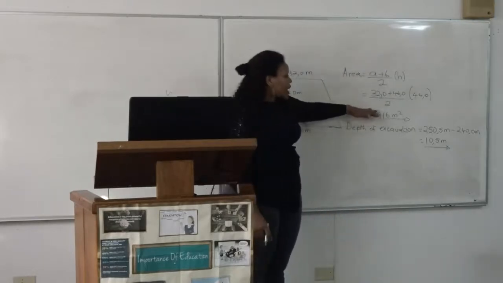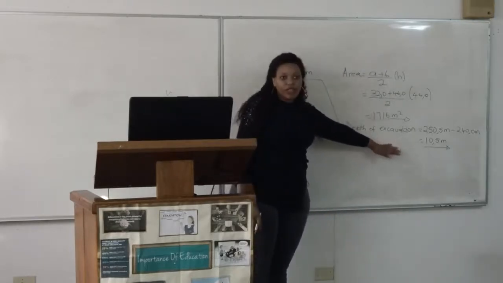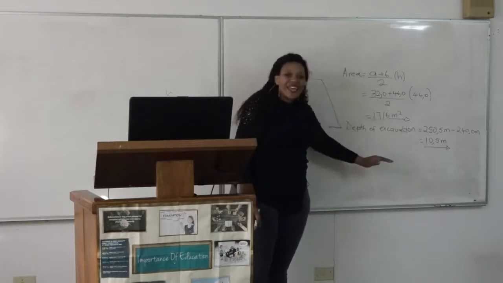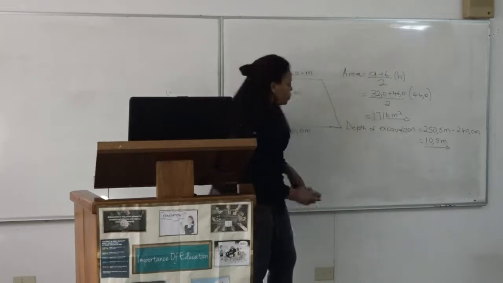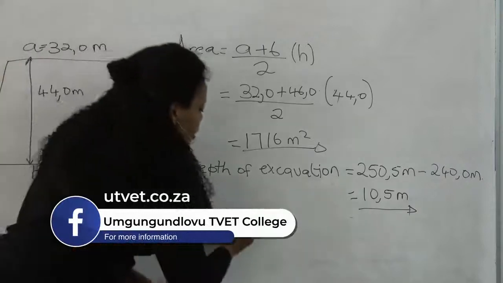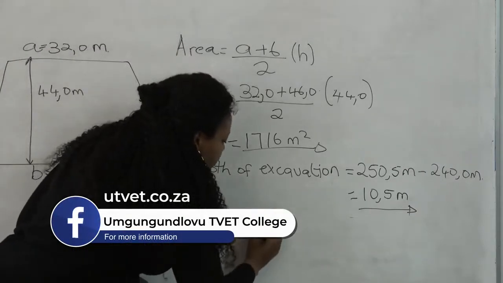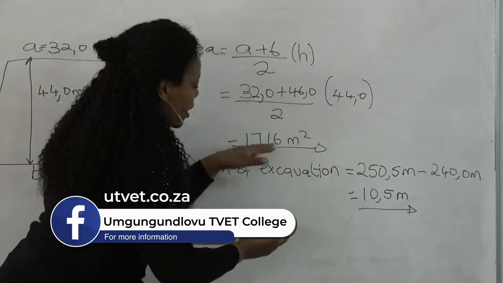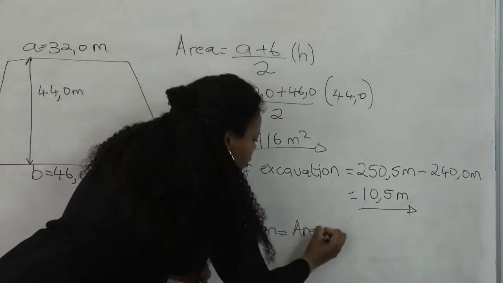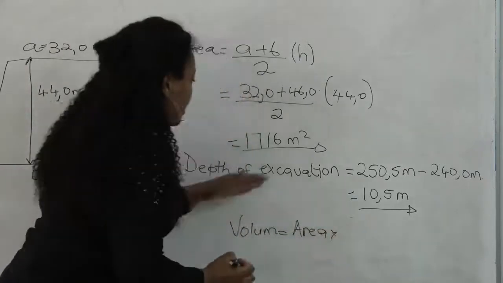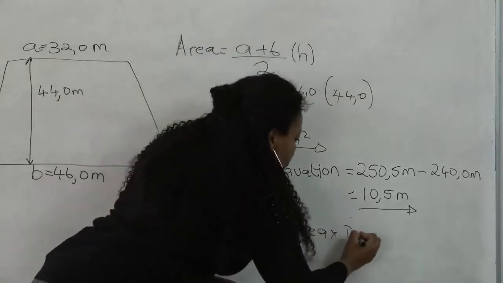Okay, we now have the area, we now have the depth of the excavation, so we can now calculate what? The volume. The formula for volume is equal to area times the depth of excavation.